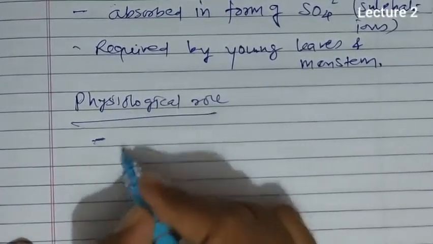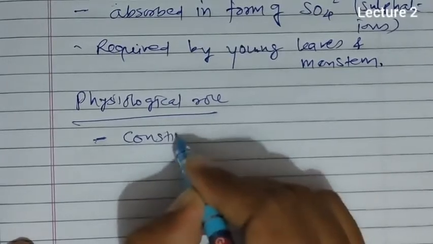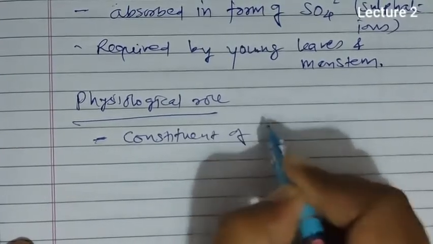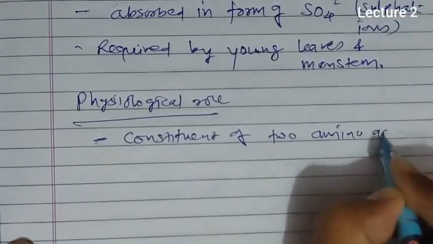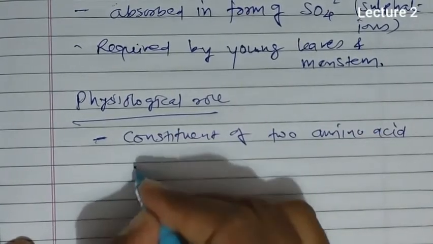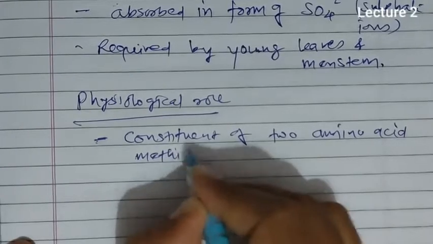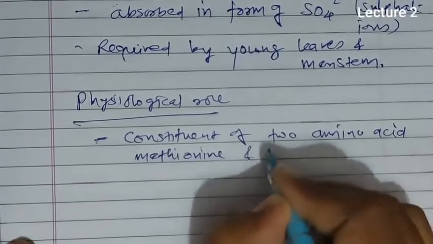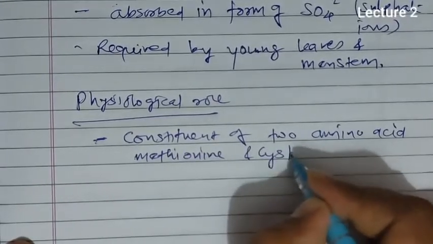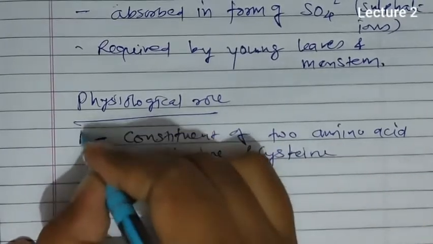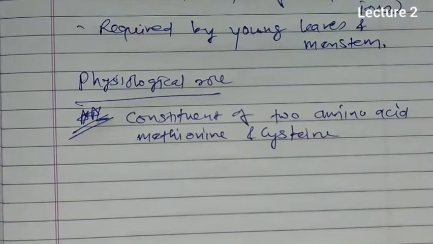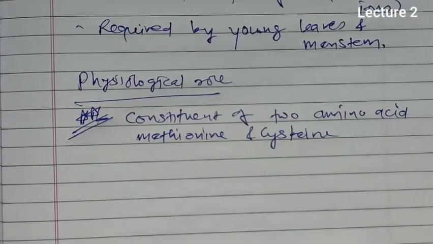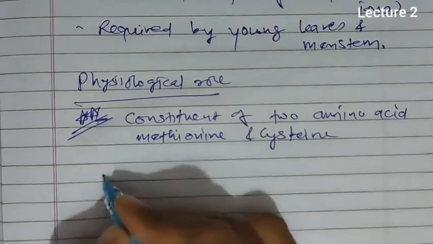First physiological role, it is a constituent of two amino acids, methionine and cysteine. It is an important statement as they usually ask which is the constituent of methionine and cysteine amino acids, and it is nothing but sulfur.